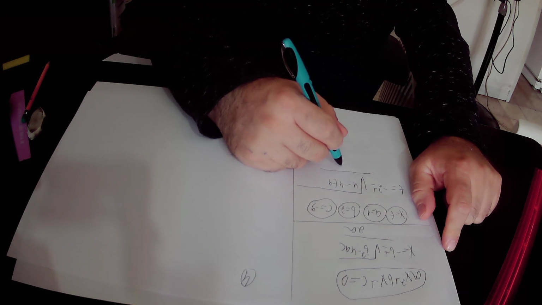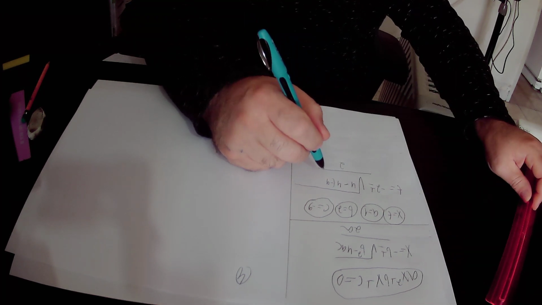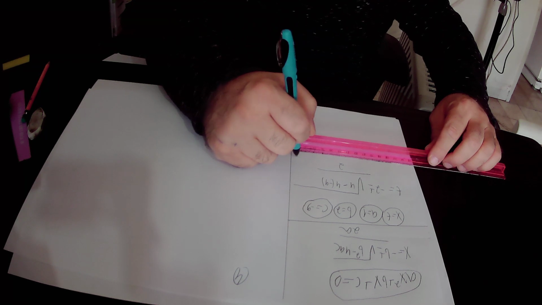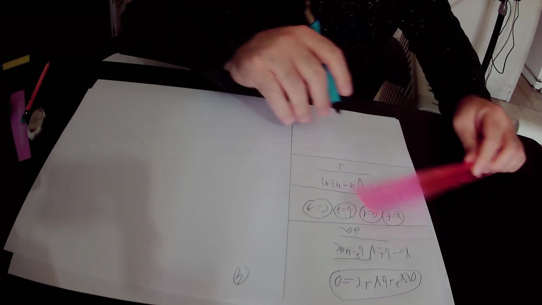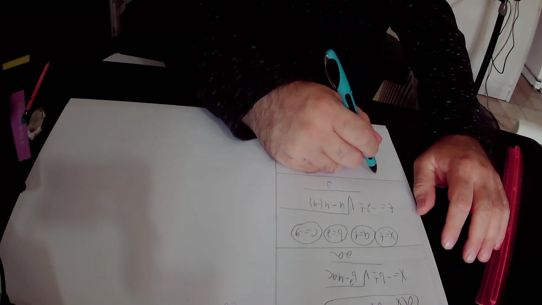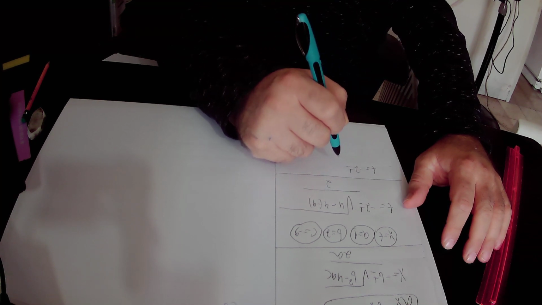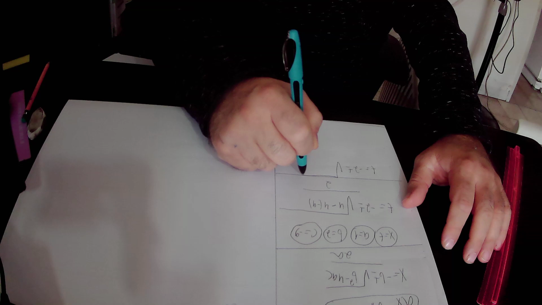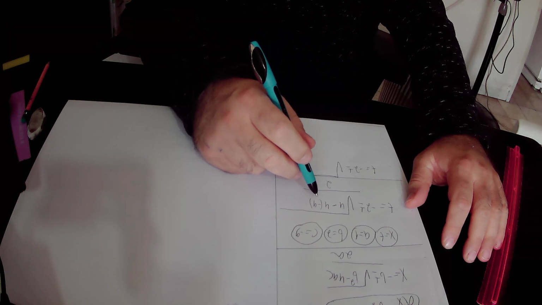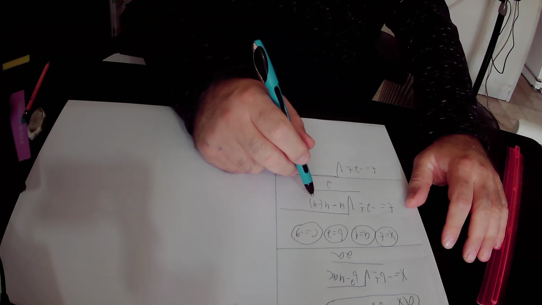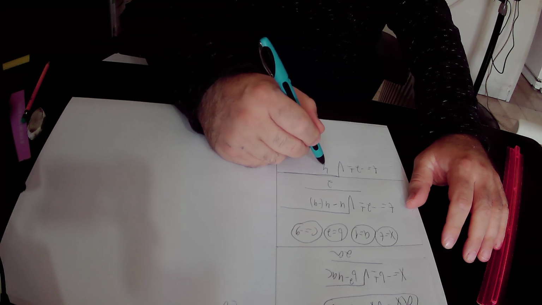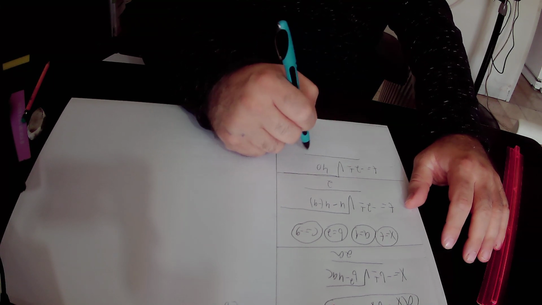A is 1, so 2 times 1 is 2. So in conclusion, we found out that t equals minus 2 plus minus square root of, here minus 4 times minus 9 is 36, and 36 plus 4 is 40, over 2.